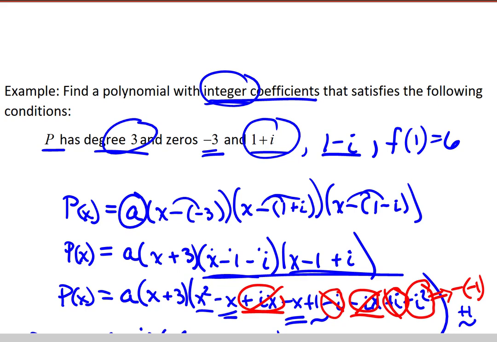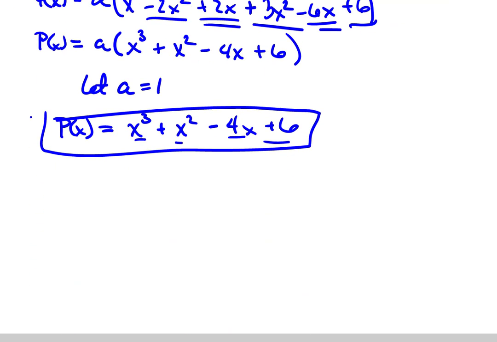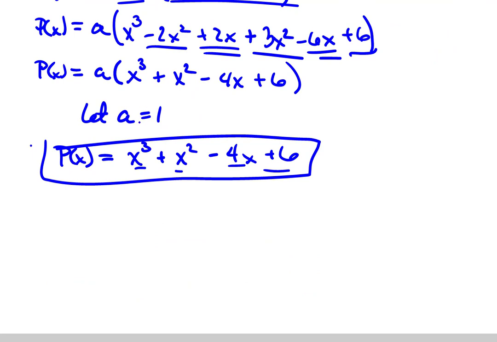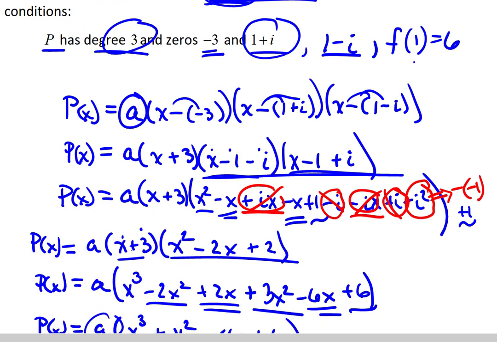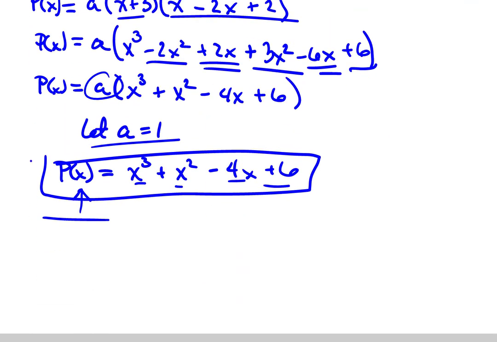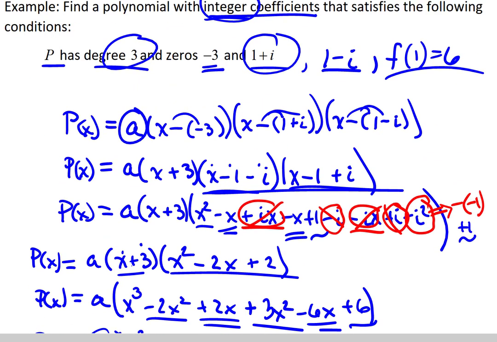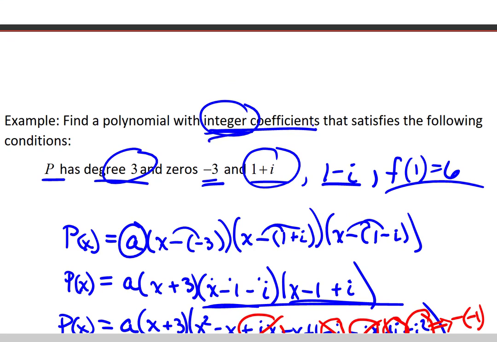If they do, in some kind of textbook, that's because they want you to use that to find out exactly what a should be, in which case you would just plug in the x input they give you and then set the whole thing equal to the value they give you, and then that way you'd still have your a and use the equation you just got by plugging in those numbers from the condition to find out exactly what a should be. So it's a very similar kind of problem, just a maybe slightly different step at the end. This one happened to be worded in a way that just said get integer coefficients.